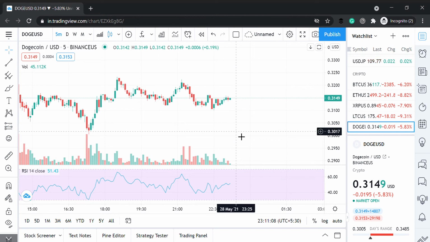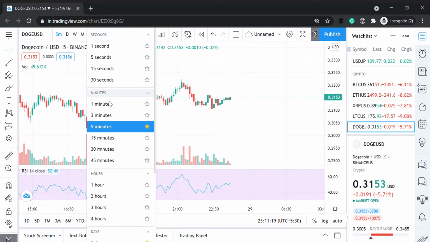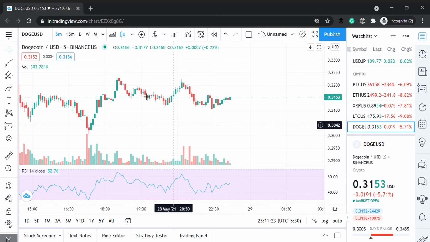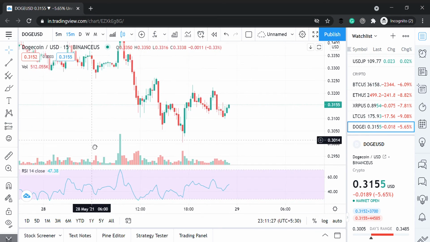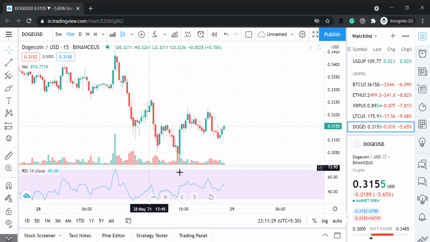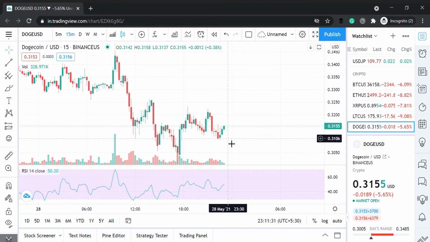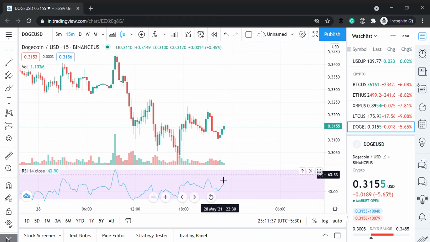People say that a lower time frame generally gives us false signals. About the 15 minutes chart: this is a 15-minute chart. Here you can see that the price is going confidently up, but again the volumes are quite low, and the RSI is also showing us that the price is going up.